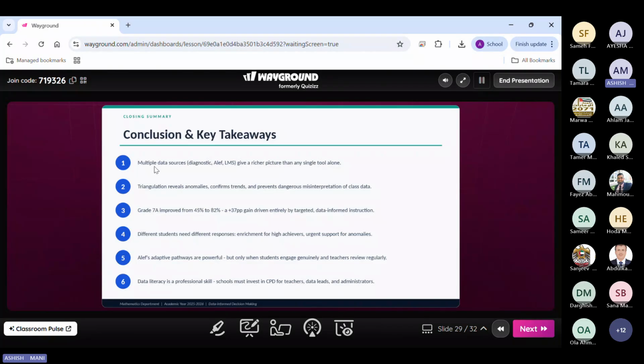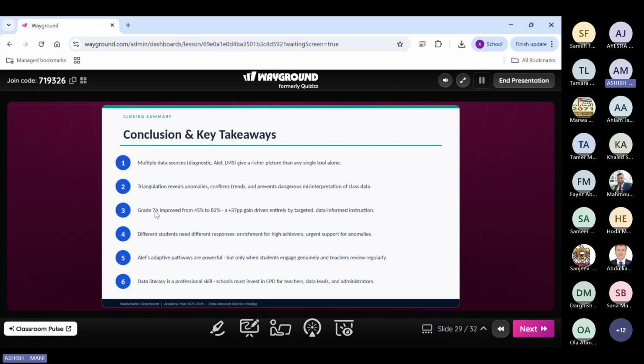Use multiple data sources: diagnostic, ALIF, LMS give a richer picture than a single tool alone. If I do it with ALIF only, I will not get the clear picture. If I combine it with the LMS, I will get a bigger picture.